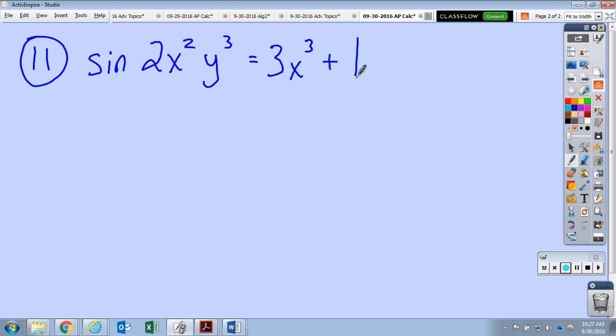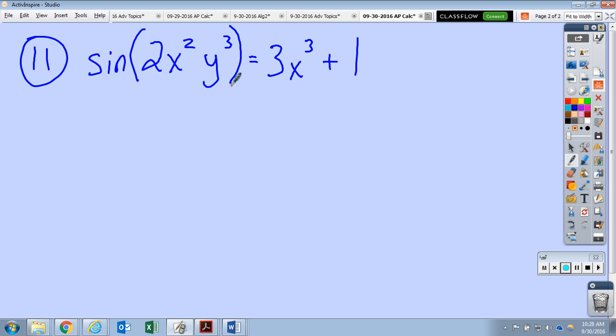Now this particular problem, they could have been a little more clear. They could have placed parentheses around this, which I'm going to have to assume is what it is. Wait, so what would you mean? Like, it would just be sine of 2x squared or something? Yeah, for example, if they wrote parentheses around 2x squared, that would be different.